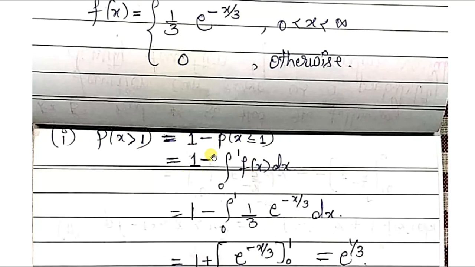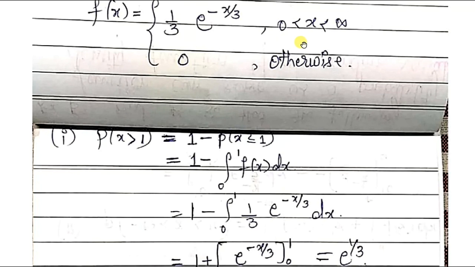Now 1 minus P of x less than or equal to 1. How many numbers can x take now? Less than or equal to 1 means 0 and 1, since 1 is included here.